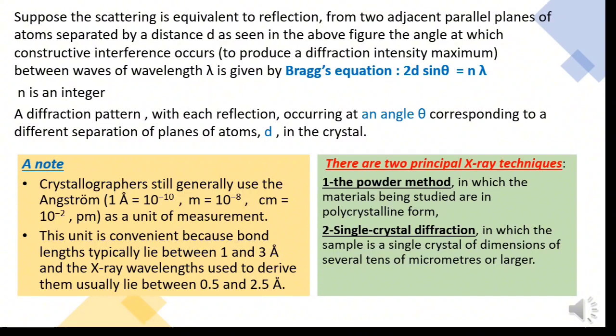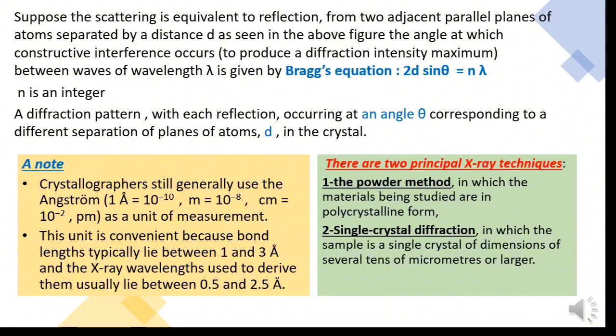Note, crystallographers still generally use the angstrom as a unit of measurement. This unit is convenient because both the d-spacings typically lie between 1 and 3 angstrom, and the X-ray wavelengths used to derive them usually lie between 0.5 and 2.5 angstrom.